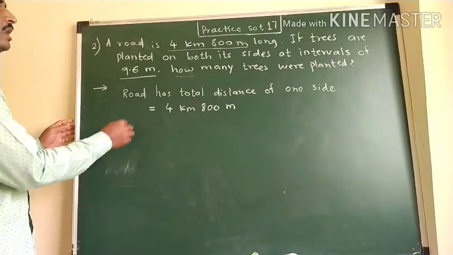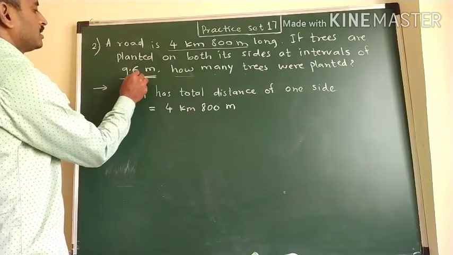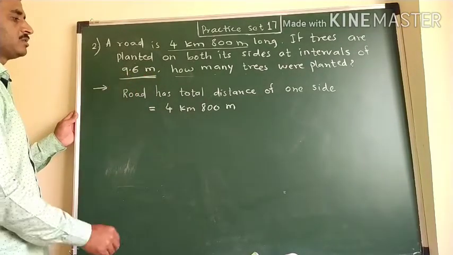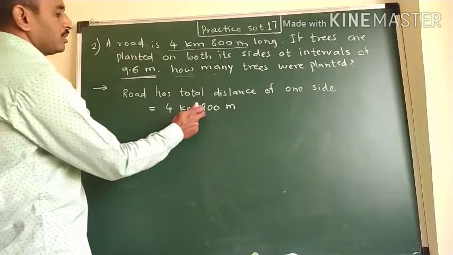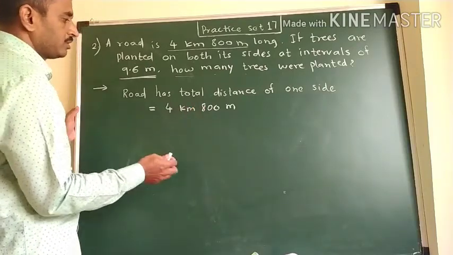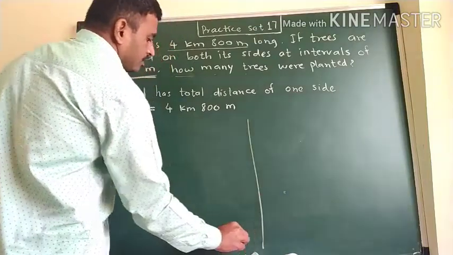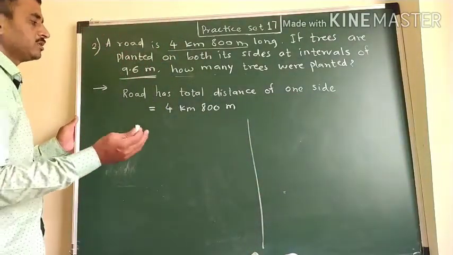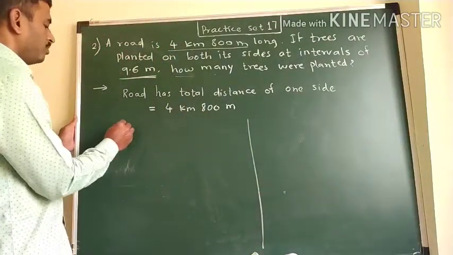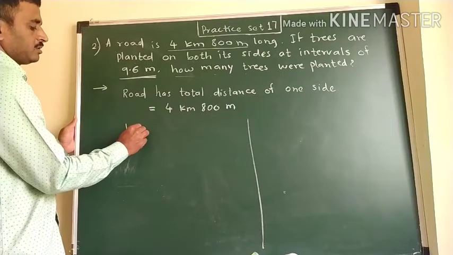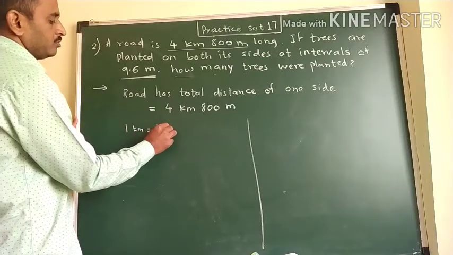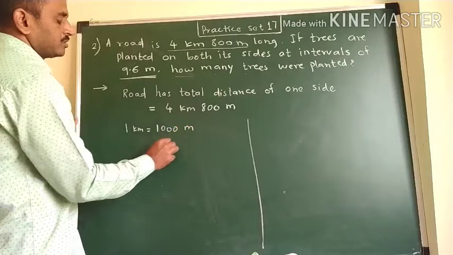Now we have another measurement in meters, that's why we have to convert this 4 kilometer into meters. 1 kilometer is equal to 1000 meters.